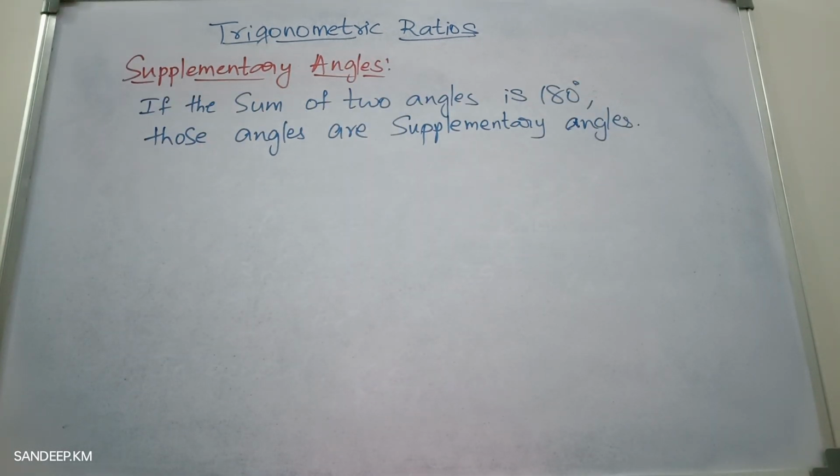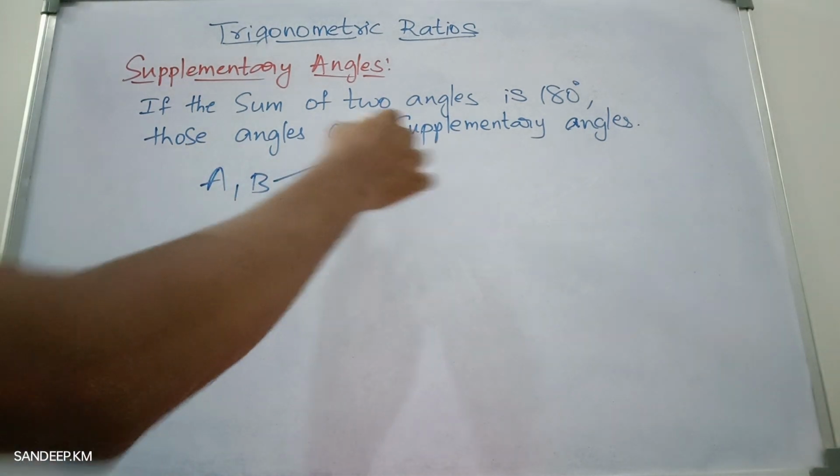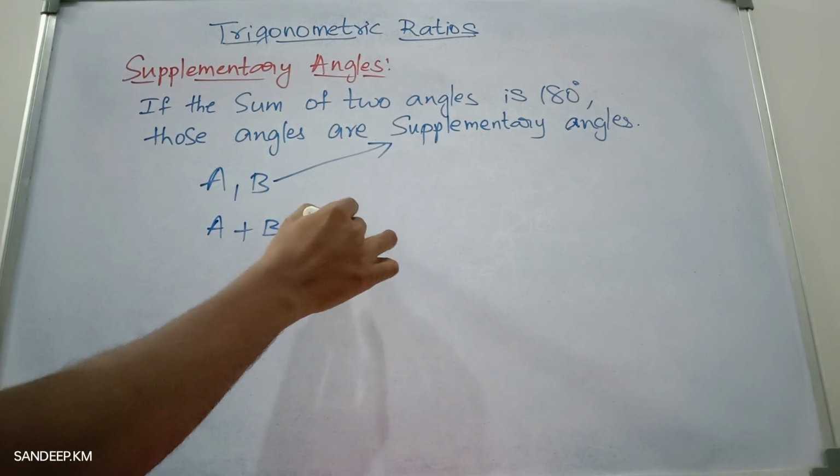Supplementary angles. If the sum of two angles is 180 degrees, then those two angles are supplementary angles. So angles A and B are supplementary only when A plus B is equal to 180 degrees.